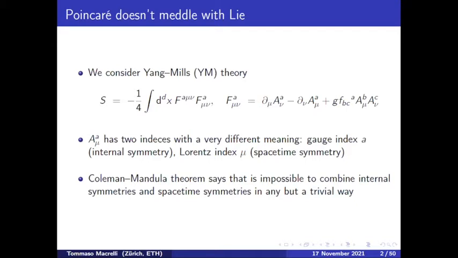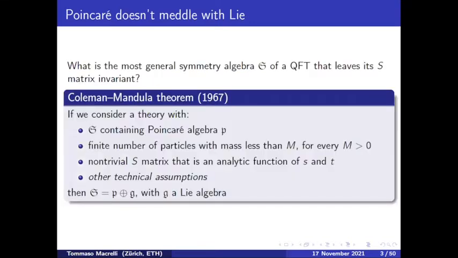And these two indices have in principle nothing to do with each other. And this is what the Coleman-Mandula theorem says. More precisely, under very general assumptions, the most general symmetry algebra of a quantum field theory that leaves its S matrix invariant is the direct product of the space-time symmetry algebra and the internal Lie algebra.